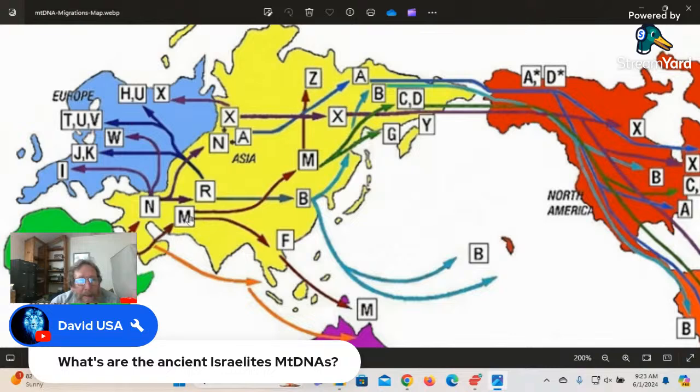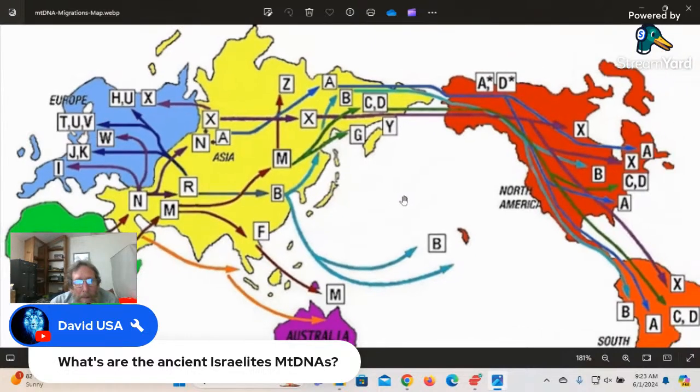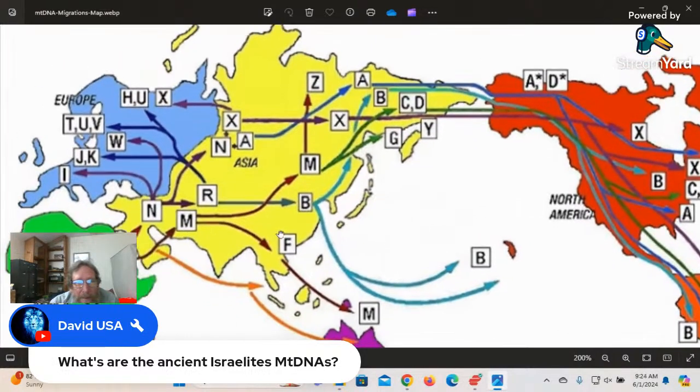Then you have the M, which is Eurasian. So this M goes this way, goes to F and M, Z, C, and D, and G. So C, D, G, Z, and E somewhere are of the M lineage.